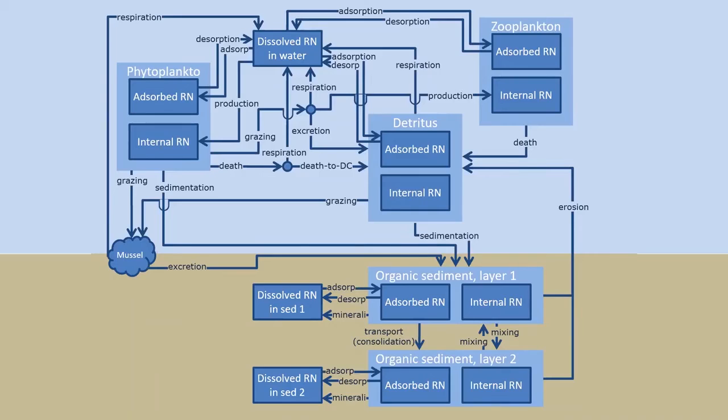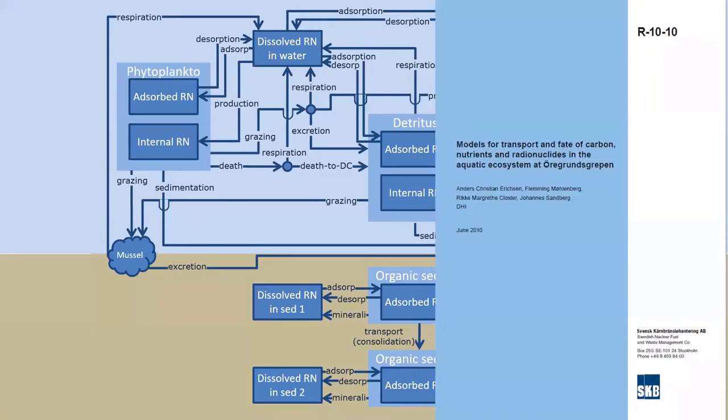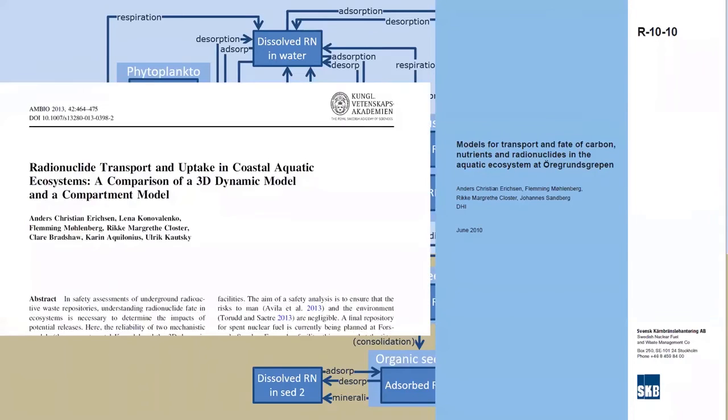It's doable because you have the Ecolab and you can do your own models. So here you have adsorption, desorption on phytoplankton and particulate organic matter, the detritus. It's something we did for the Swedish nuclear waste deposit company, and there is a paper here as well. You can go through it if interested in that one.